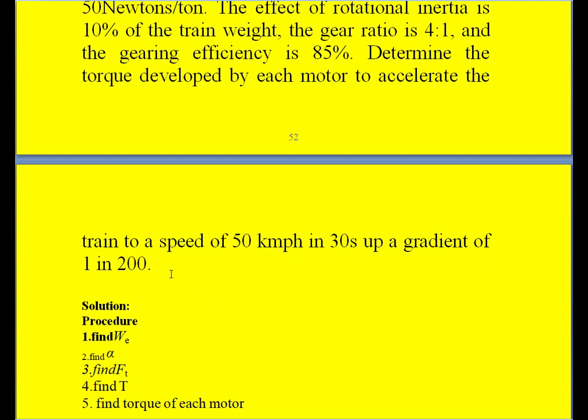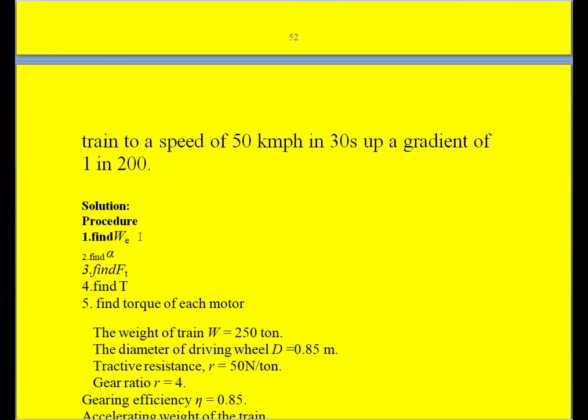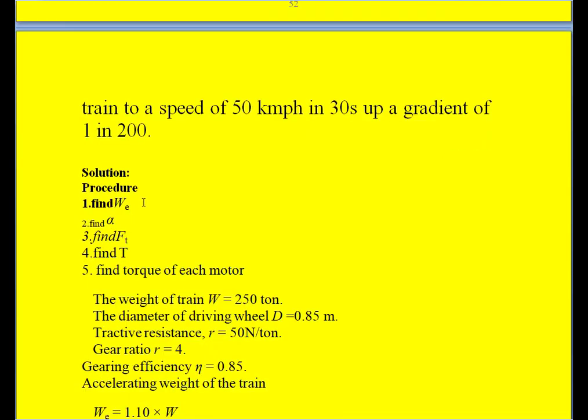To solve this problem, we have to follow this procedure. First, find the effective weight of the train. Then calculate the acceleration of the train using the trapezoidal speed-time curve approximation.